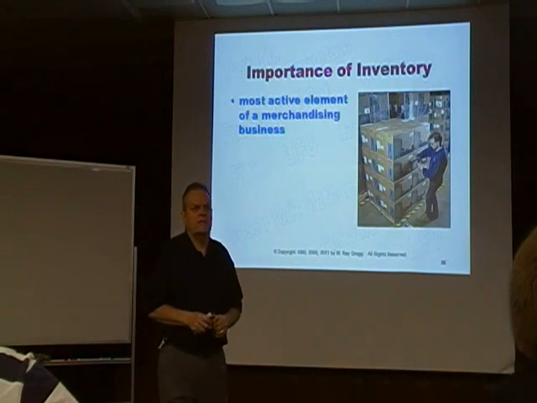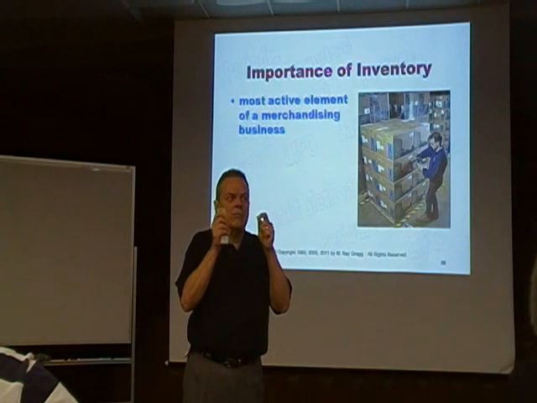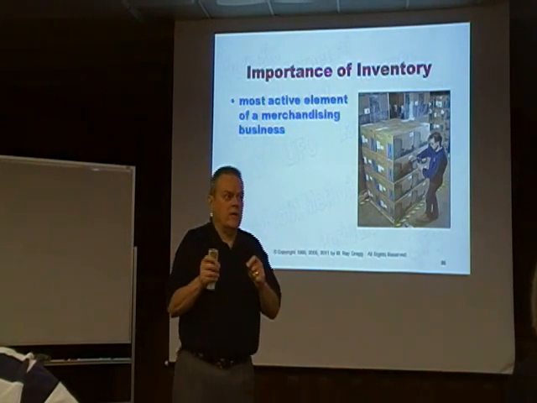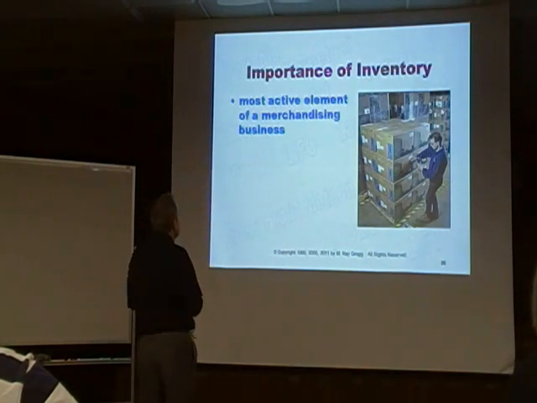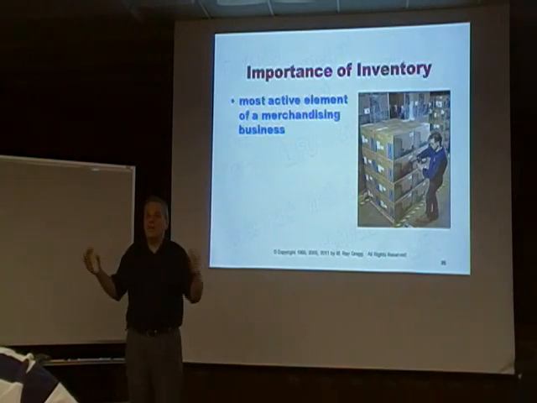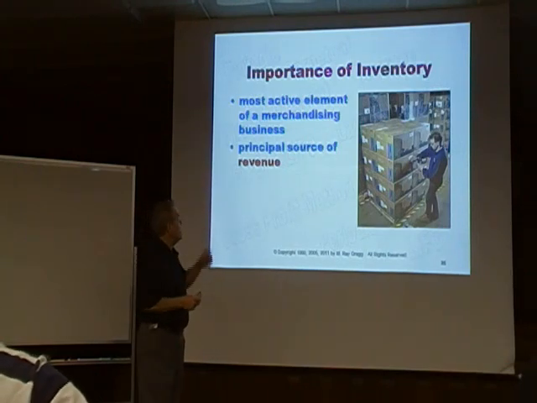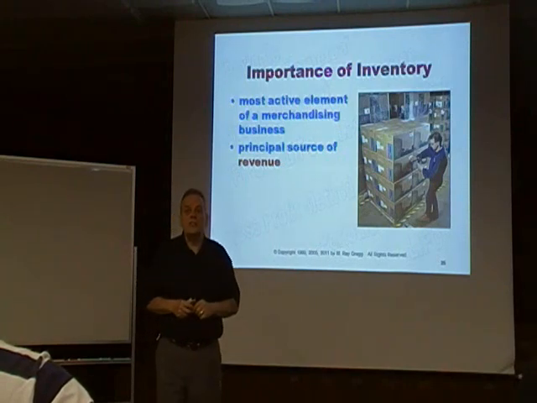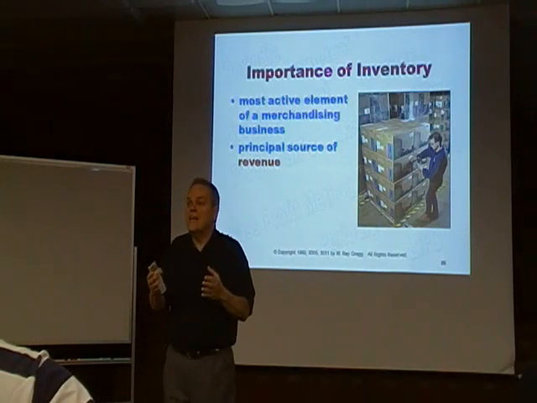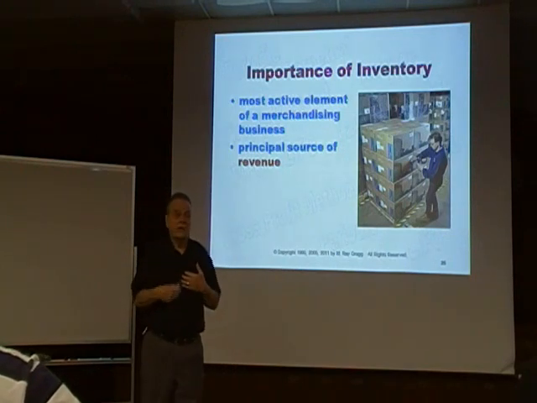Inventory is so important to us. Let me name a few reasons. It's really important that this count be right, accurate, for lots of reasons. Because it's the reason we're in business. It's the most active element of anything else on the financial statements. There's more activity with inventory than anything. It's our principal source of revenue. It's the reason we're in business. I already said that, but it's worth repeating. This is how we make our livelihood.